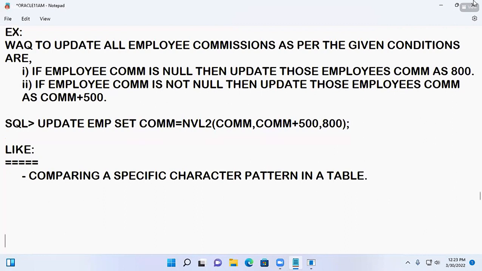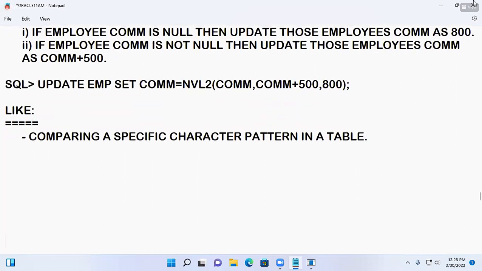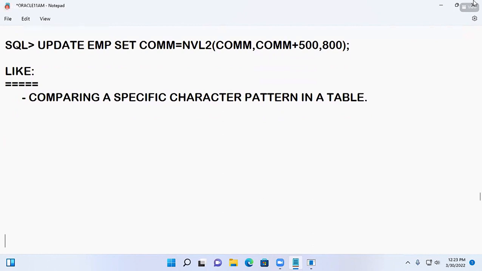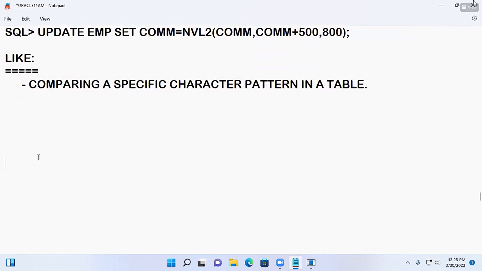Okay, so what is meant by a specific character pattern? For example, observe.